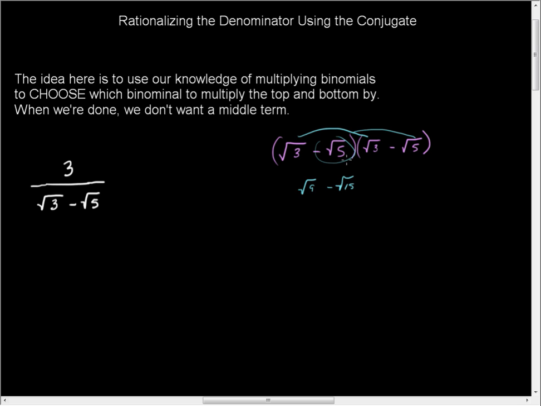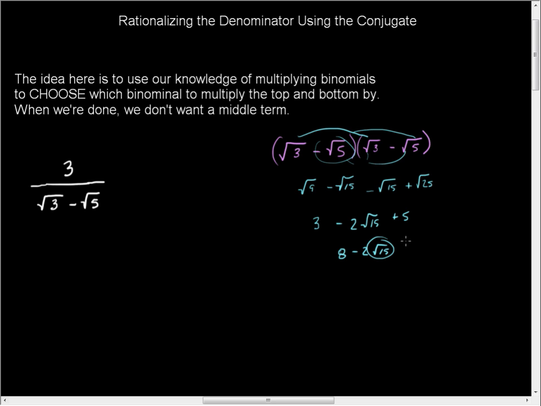And then here, I get minus the square root of 15 again, and I get plus the square root of 25. When I simplify this down, that gives me 3 minus 2 roots of 15 plus 5, or 8 minus 2 roots of 15.